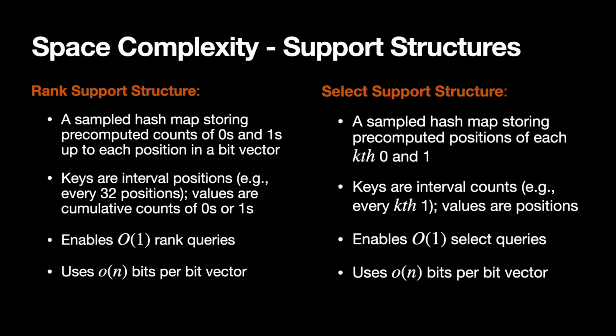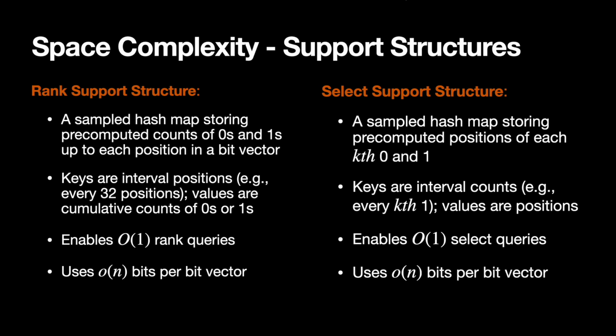Now, these support structures I'll mention briefly, not in detail, but they're very similar. The rank support structure is a sampled hash map, which I believe we've discussed in class, which stores pre-computed counts of the zeros and ones up to each position in a bit vector. The keys for this hash map are the interval positions, and the values are the cumulative counts of zeros or ones.